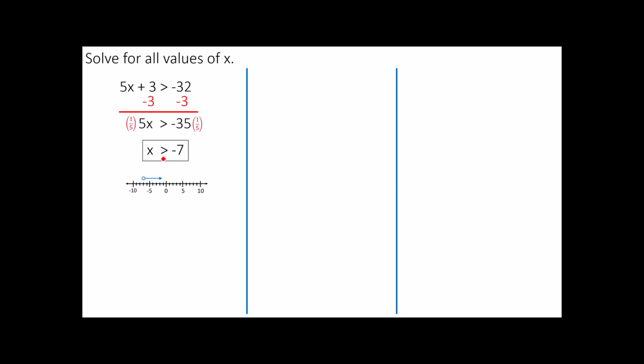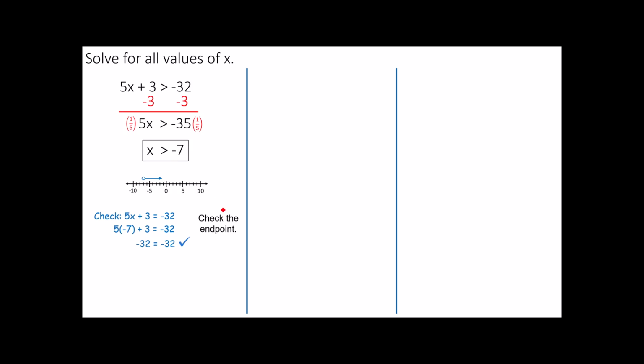Now, if you remember back to our first days of solving equations, we talked about how we can go back and verify that our solution is correct. We would do something like this. We would say 5x plus 3 equals negative 32, and we'd plug in the value we said would work, and we would simplify until they matched.